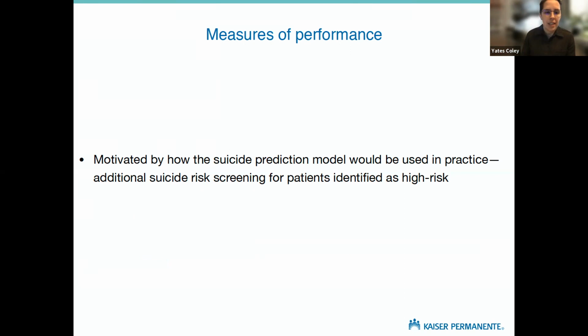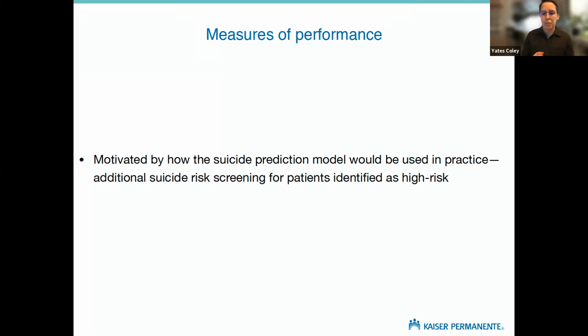All right. So for comparing performance of the prediction models across racial and ethnic subgroups, there are many different approaches one can take to quantify prediction model performance. For this study, we selected measures that reflected how the suicide prediction model would actually be used in clinical practice. So the health systems that we're collaborating with plan to use this model to identify a subset of visits to mental health providers where patients are at the highest risk of suicide, and then initiate a suicide risk screening protocol for those high-risk visits.